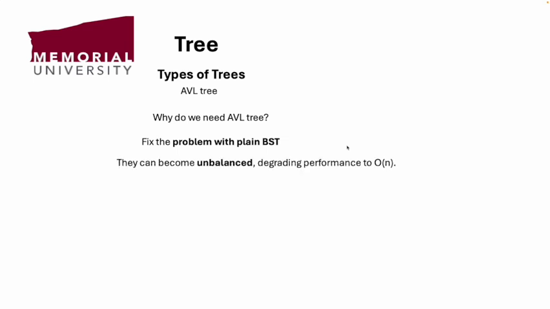Mainly to fix the problem of the plain binary search tree. If it becomes unbalanced, it can degrade the performance to big O of n. That's why we try to avoid that, because we build a tree to improve the efficiency. If we cannot fix this issue, the problem is still the problem, right?